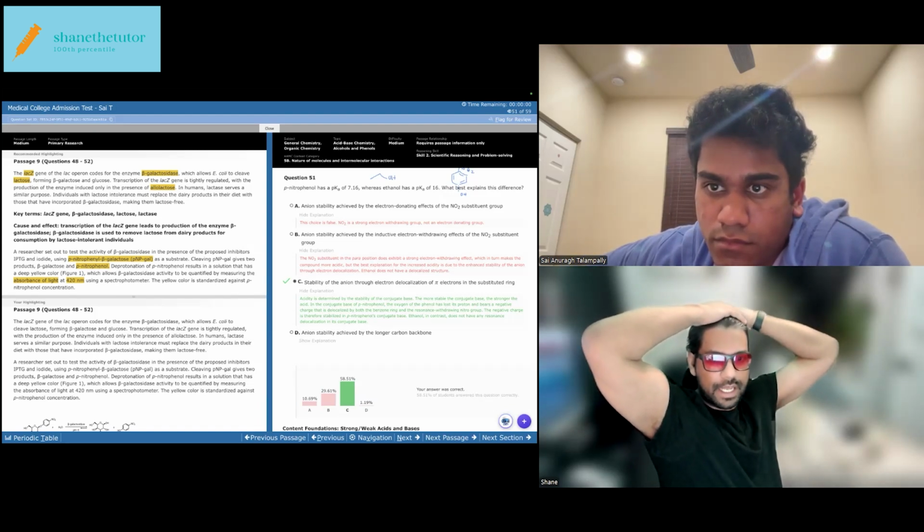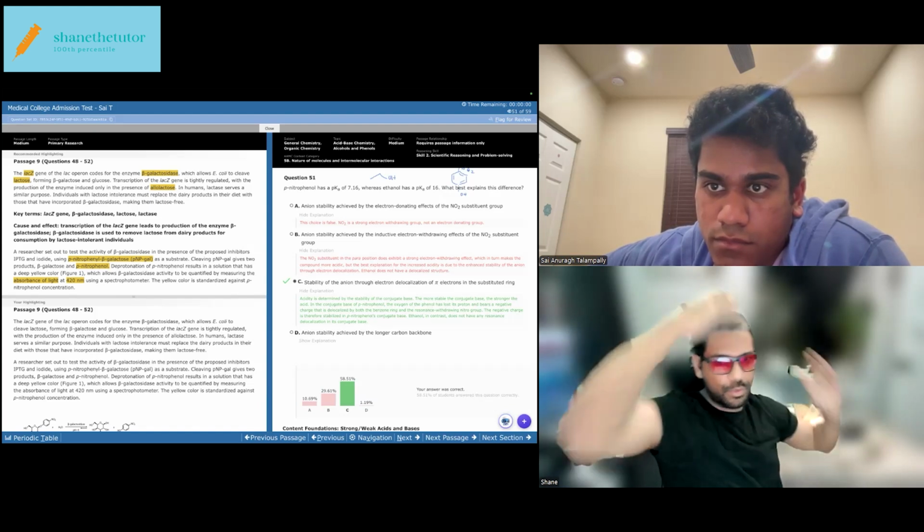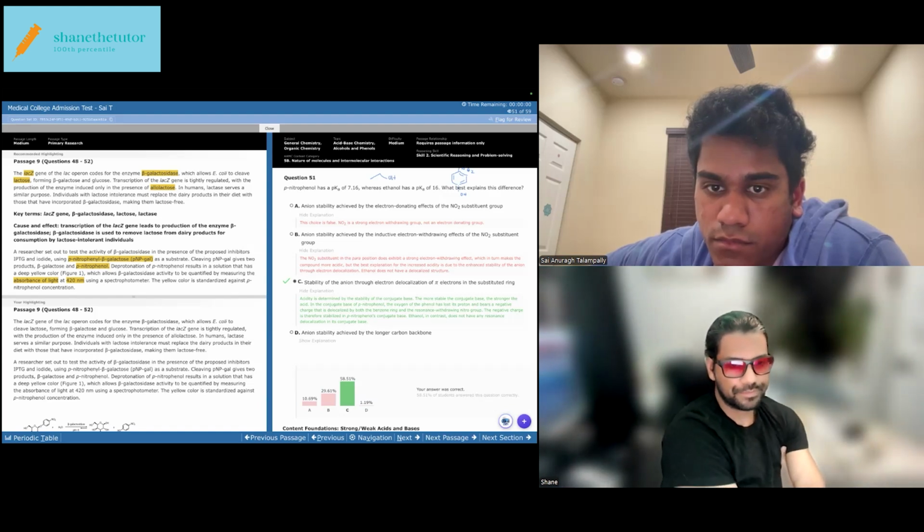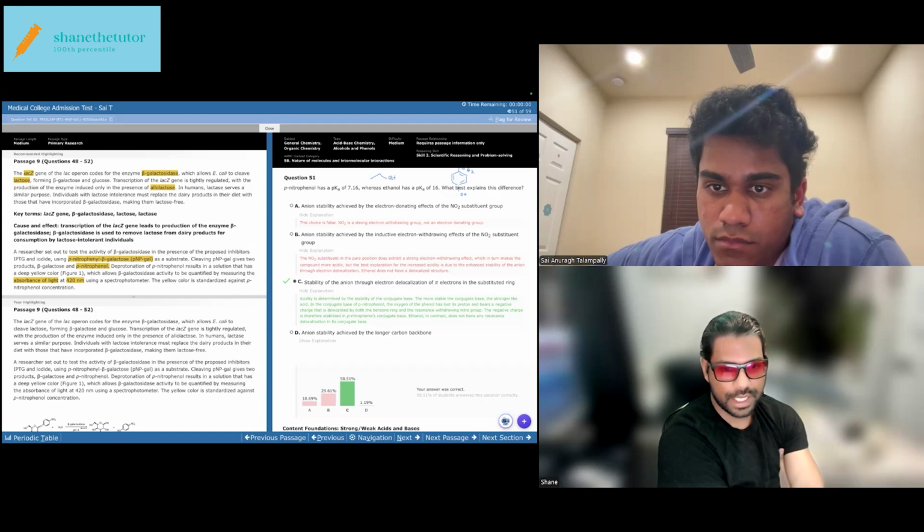B is talking about NO2 as an electron withdrawing group. Since we know it's an electron withdrawing group, we can get rid of A. But is that the only thing that we have here? I think the benzene aspect is probably even more important. B doesn't mention anything about the benzene, so I wouldn't choose that.